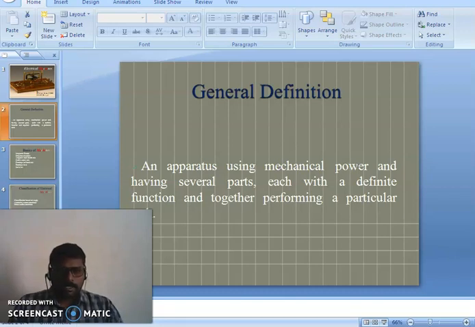Each and every part comprised together has a definite function, and together they are combined to perform a particular task. Let me explain it simply. The combination of several parts which comprise together to perform a particular task by reducing the human effort is called a machine.